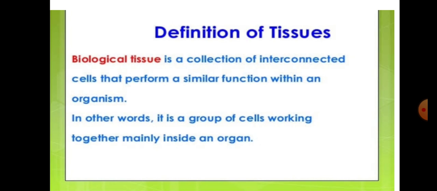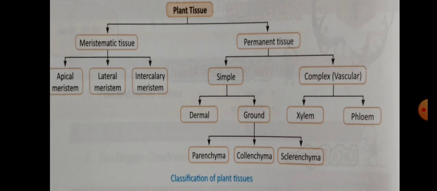There are two types of tissues: plant tissue and animal tissue. First we are starting with plant tissue. In plant tissue we studied about the meristematic tissue; later on we will see the permanent tissue. In meristematic tissue we studied the apical meristem, lateral meristem, and intercalary meristem.